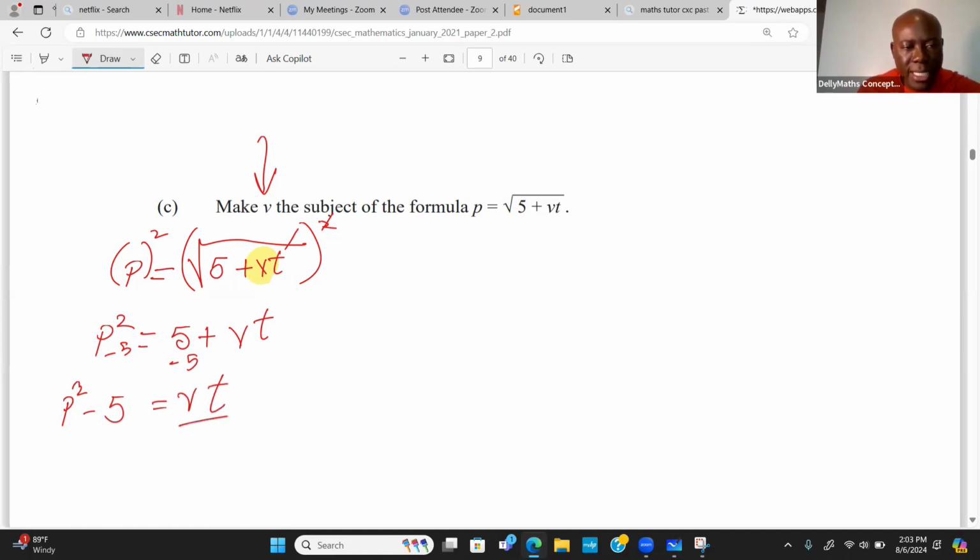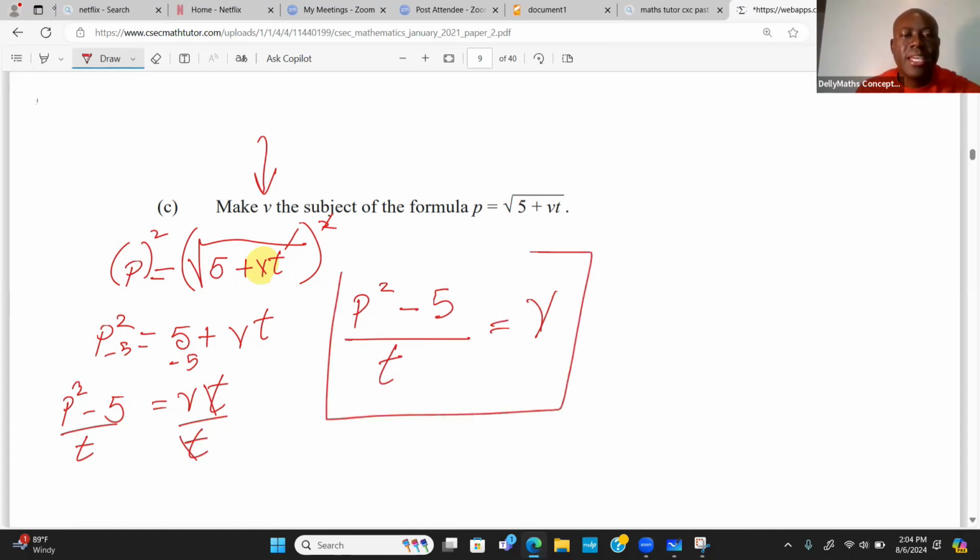And then divide both sides by t. So p squared minus 5 over t is equal to v. And that's making v the subject right there.